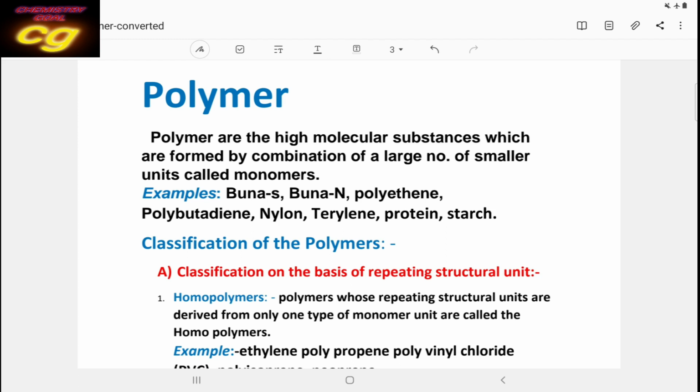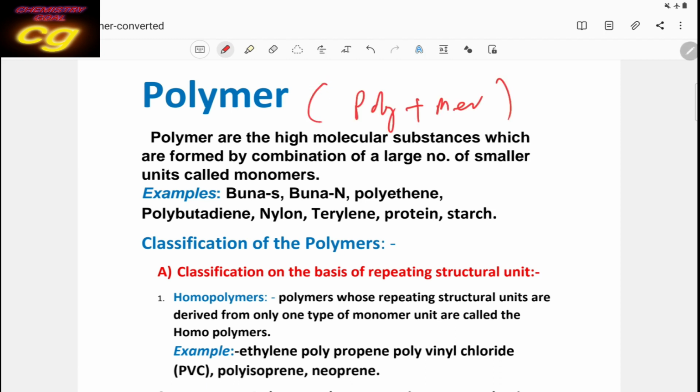Before discussing the detailed classification of polymer, let us discuss what is polymer. Polymer mainly consists of two words, poly plus mer. Poly means many, mer means parts. That means it is the combination of many smaller units forming a larger molar mass substance.